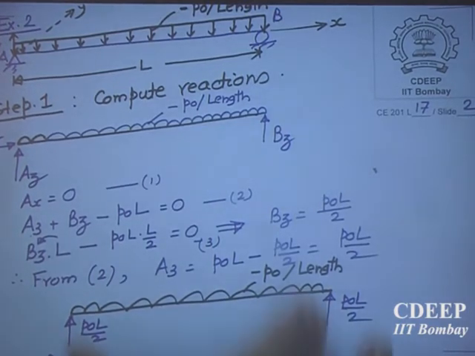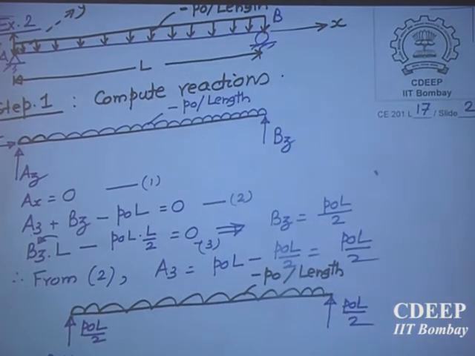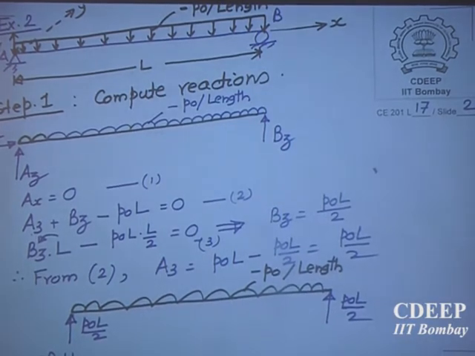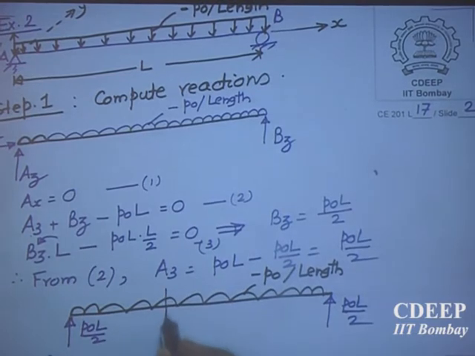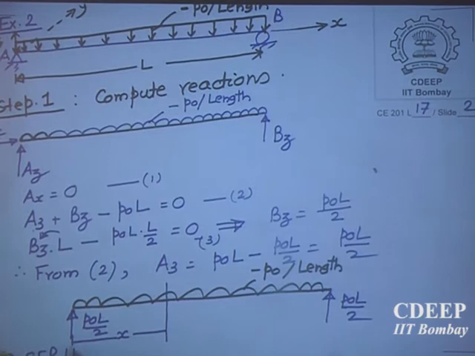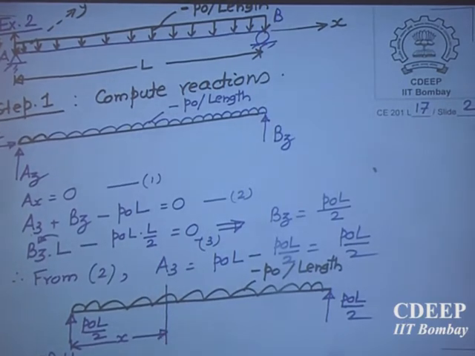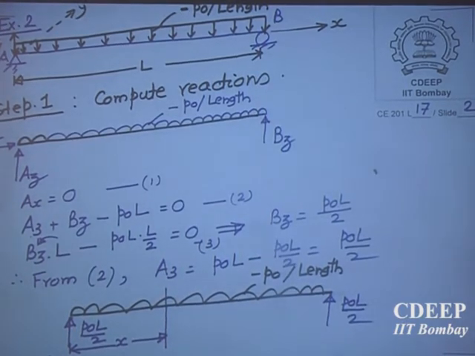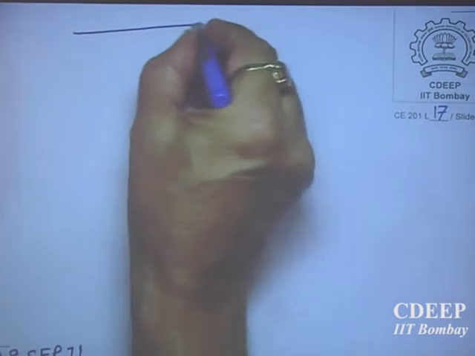This is correct; everything is balanced. The next job is to take a section at a distance x, cut a section, section 3. The section looks like this. This is my beam.